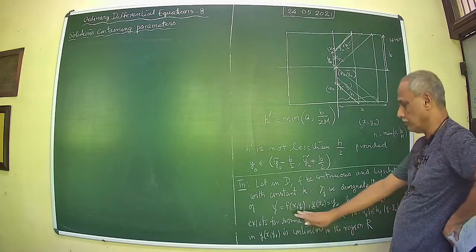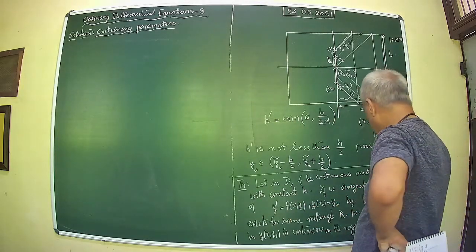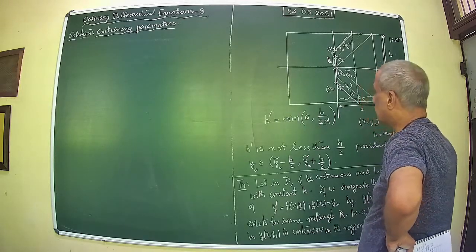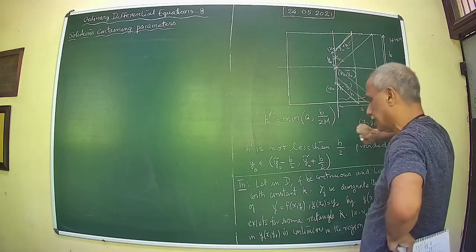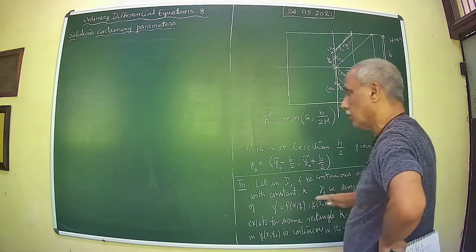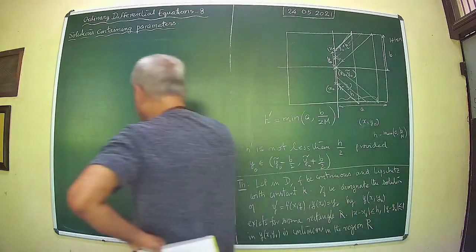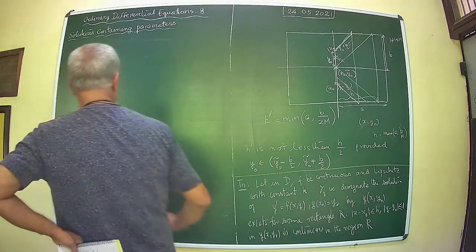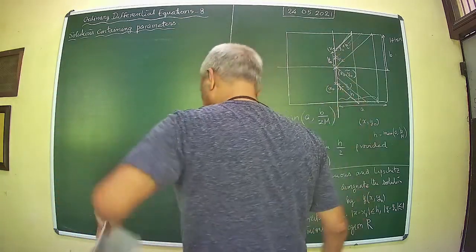There is no problem about that. What about its variation with respect to y naught? Suppose we change y naught to a neighboring point, will the solution also stay closer? Or in other words, we are looking at the continuity of the function y on the rectangle.